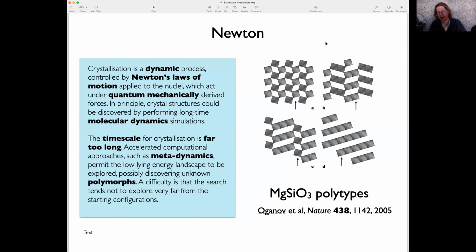These MgSiO3 polytypes, they're all based on SiO6 octahedra. So nothing dramatic changes in terms of the bonding and so on. They're just different rearrangements of those octahedra, which in this case was very useful. That was the space that you wanted to explore, but in general, you could miss out on some more dramatic phase transitions.